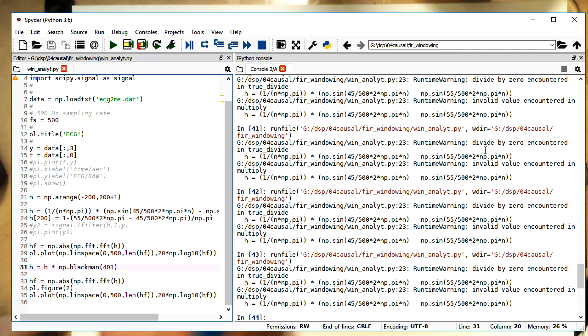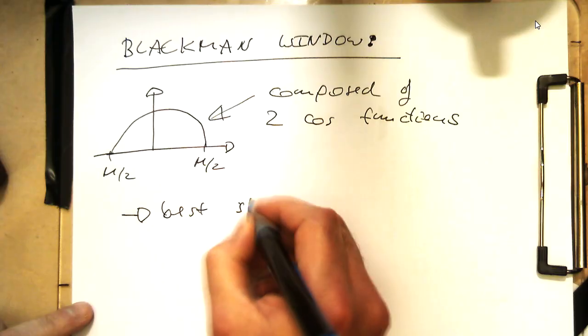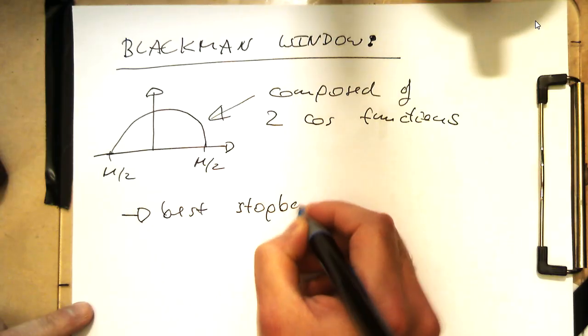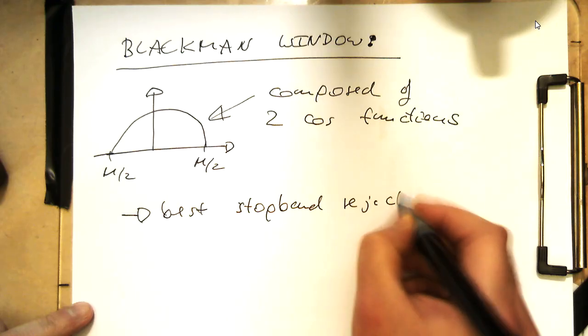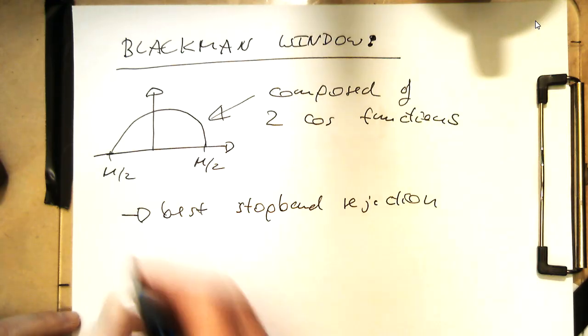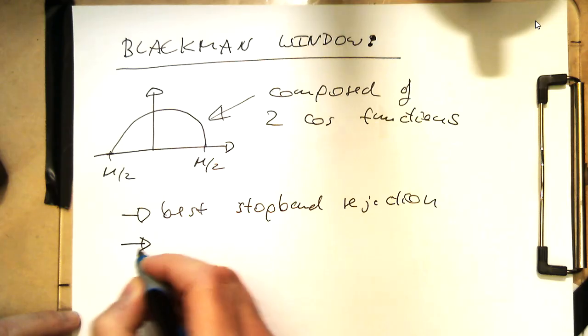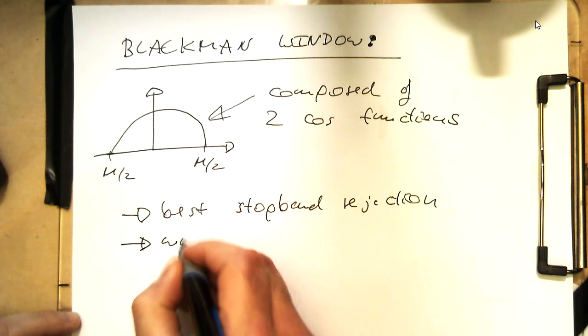So the Blackman window gives us the best stop band rejection. But what we trade in for this is the widest transition width.